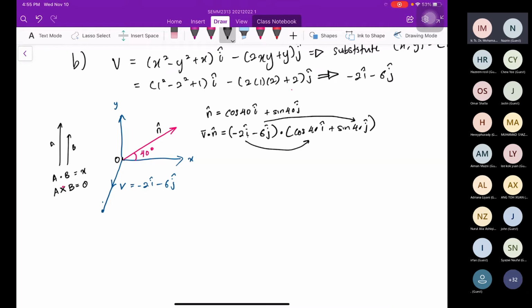I multiply with I, which is 1, so negative 1 multiplied by negative 1 is positive 1. I dot product with J equals 0. I dot product with I equals 1. You must know the concept.